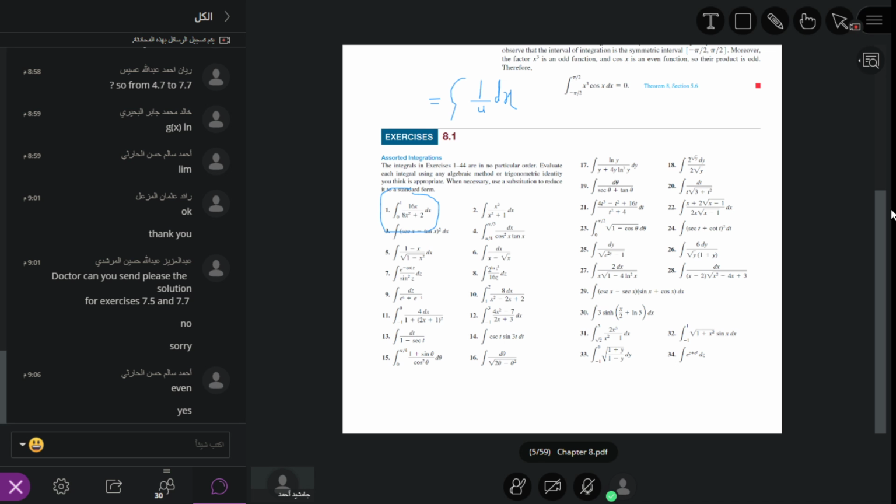Now we find the lower limit and upper limit.